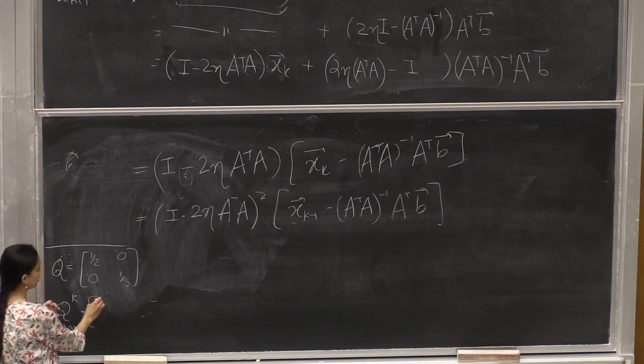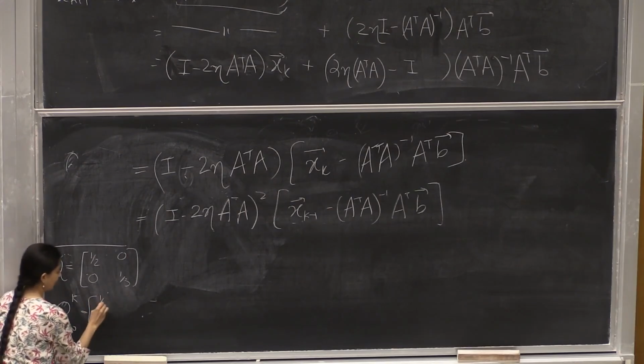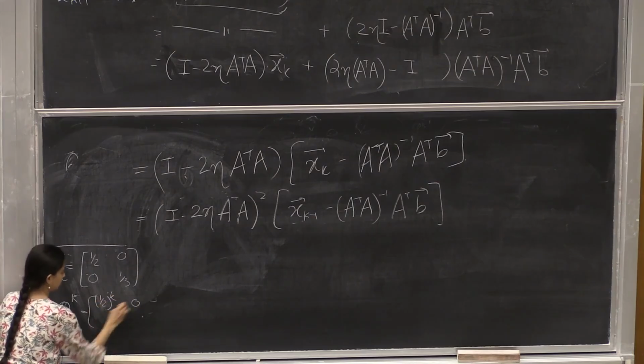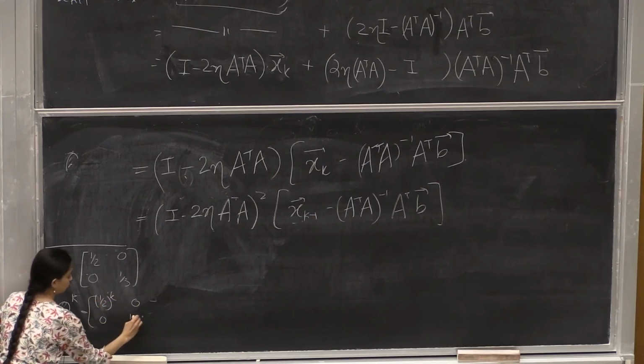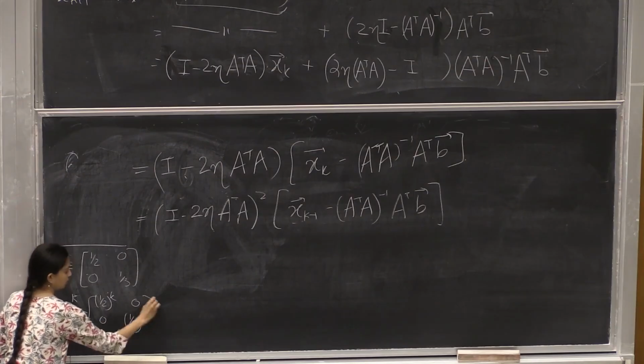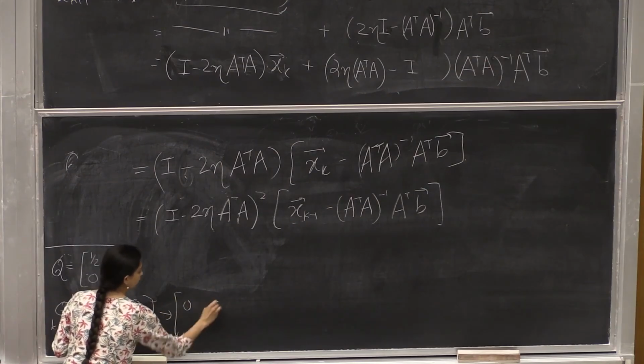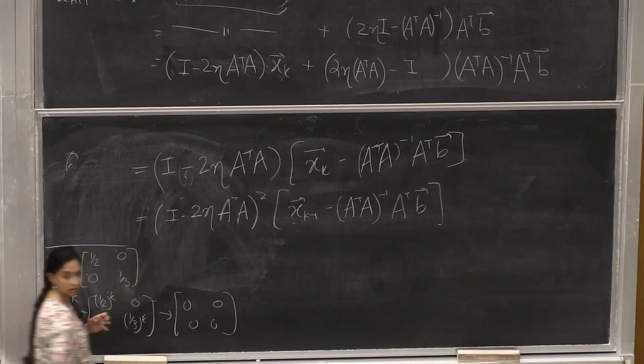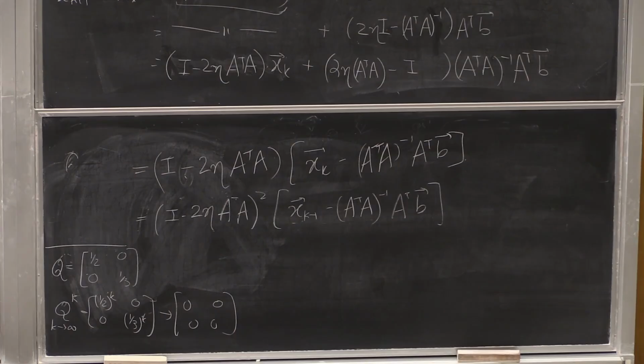This is 1/2 to the k, 0, 0, 1/3 to the k, right? This is going to the 0 matrix, right? Does everyone see that? Yes, everyone with me?